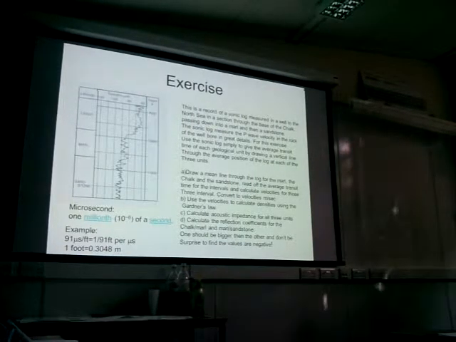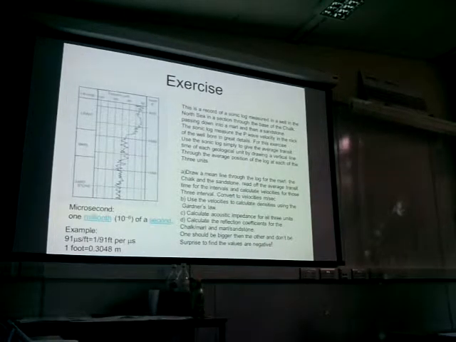Now use the velocity to calculate the density using the Gardner law. The next step, C, calculate the acoustic impedance for all 3 units. You've got density, you've got velocity. Calculate the reflection coefficient. You now have the acoustic impedance of each unit.